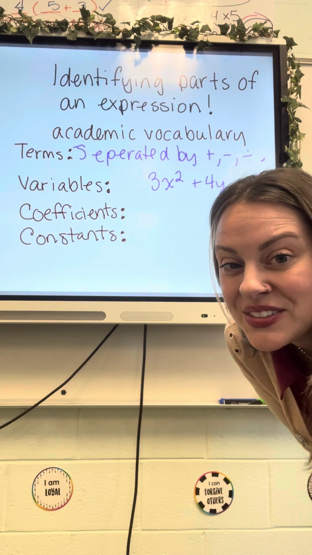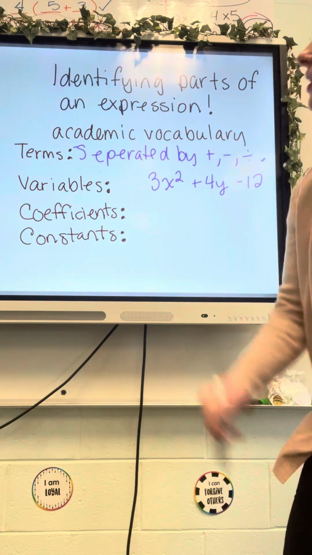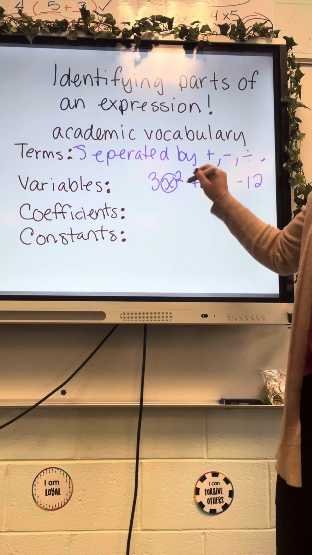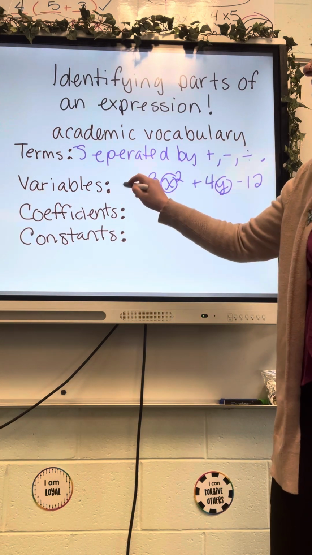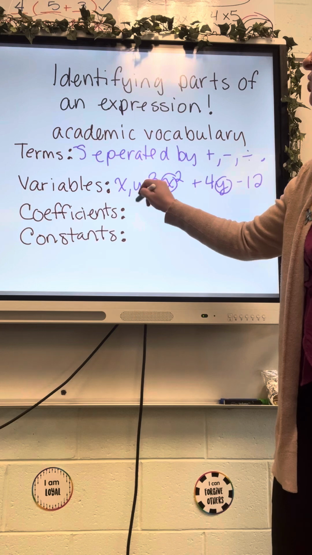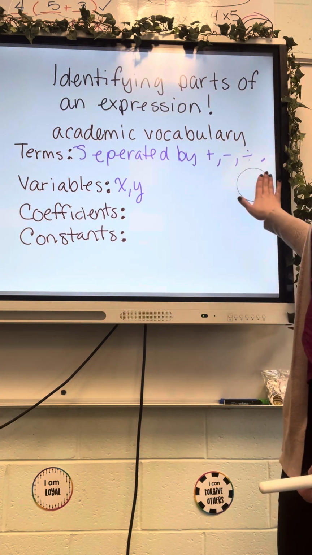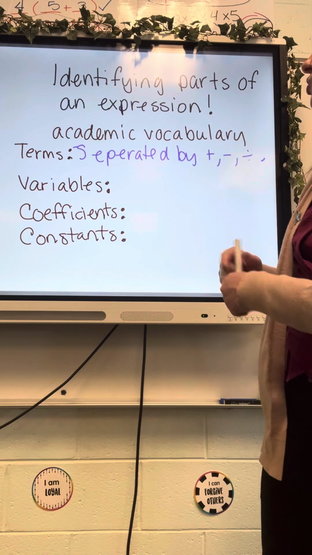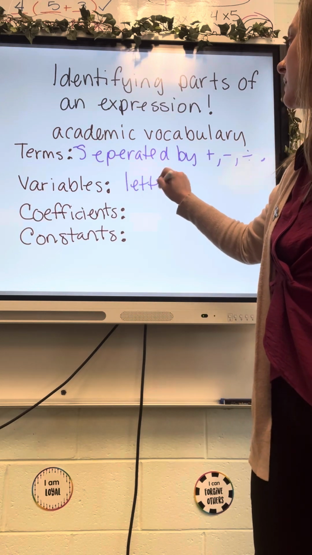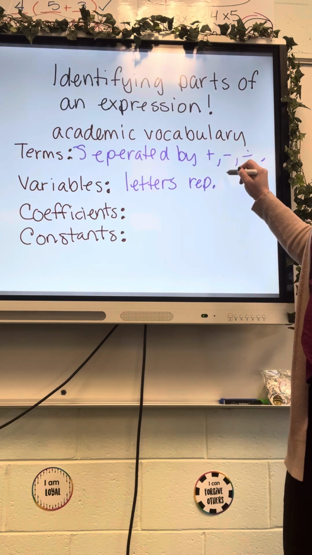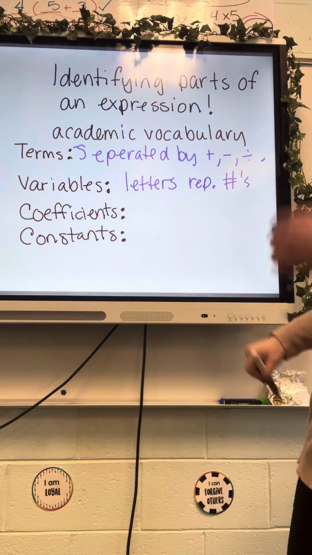You just look for the letters. They represent numbers that we don't know. My variables would be x, not 3x, just x, because I just want the letters. It would be x and y. So once again, they're letters that represent numbers that we don't know.